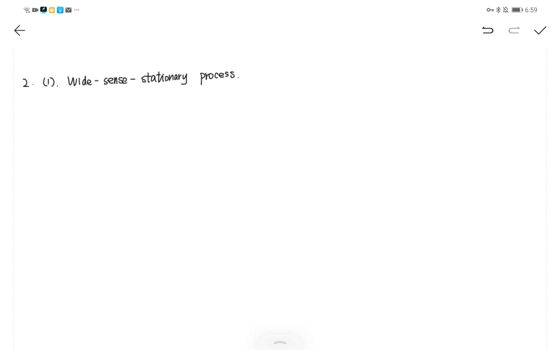For the wide sense stationary process, it means it is constant and the autocorrelation is a function of time difference.